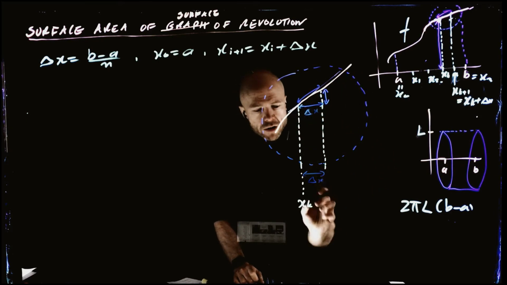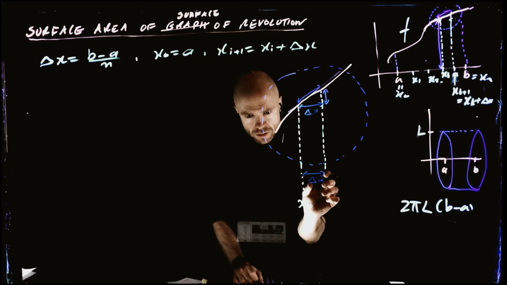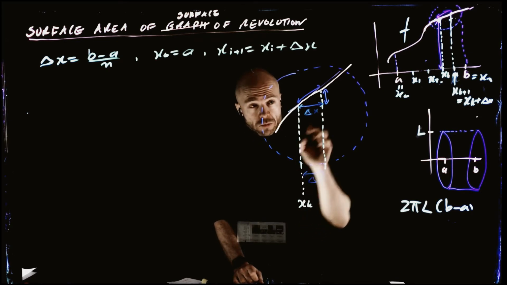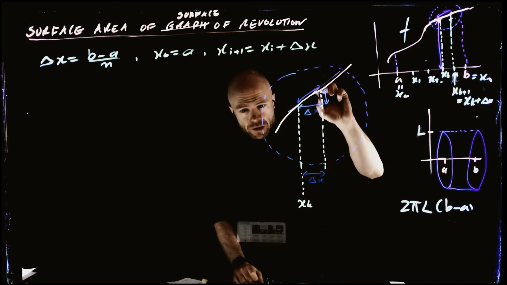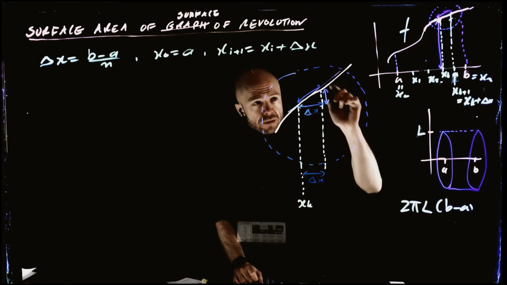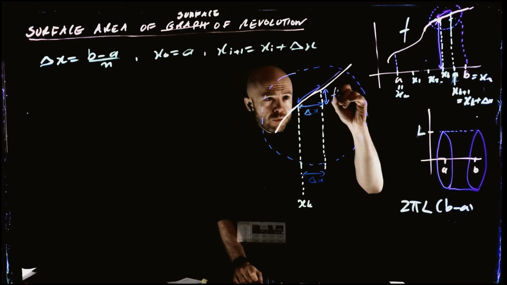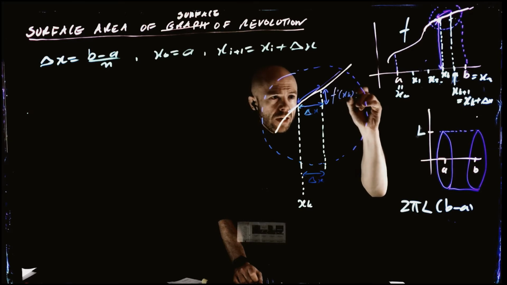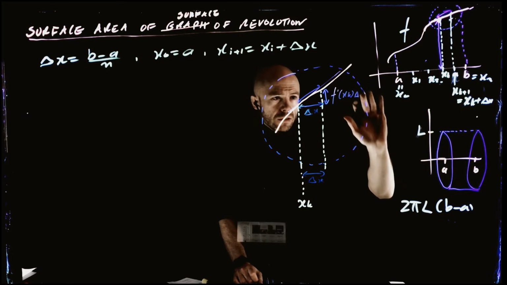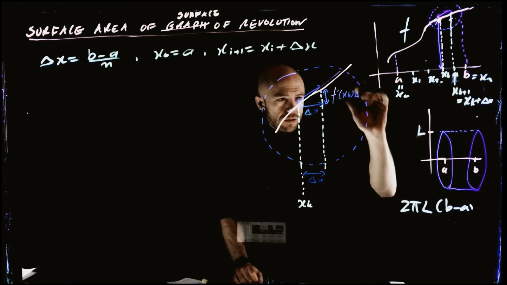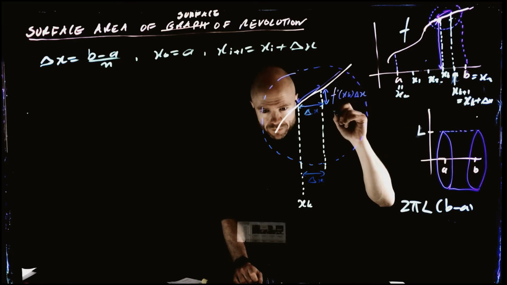There's a tiny, tiny error, which is way, way smaller than delta of x. So if it actually was the tangent line, then we'd know exactly the slope. And that would mean that this side here would be f prime of xk times delta of x, just as when we talked about arc length. Exactly the same argument.